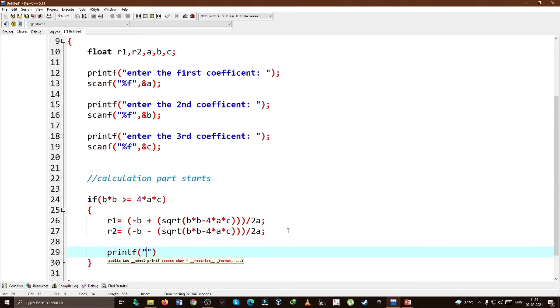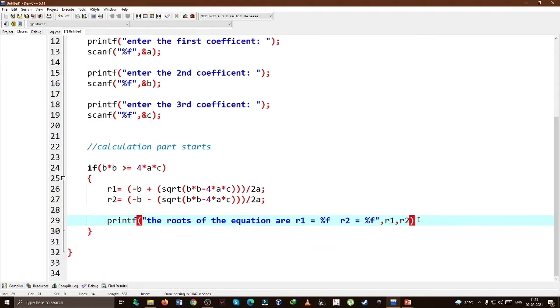Now we will print the roots of the quadratic equation, which are r1, a floating point variable, and r2, also a floating point variable, and we will print r1 comma r2.